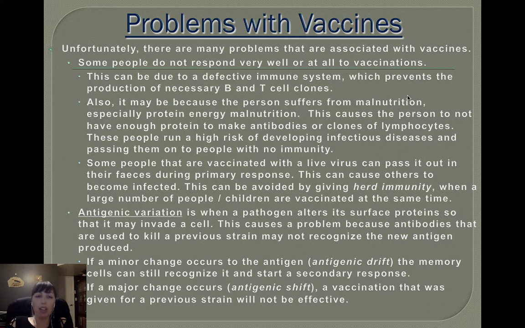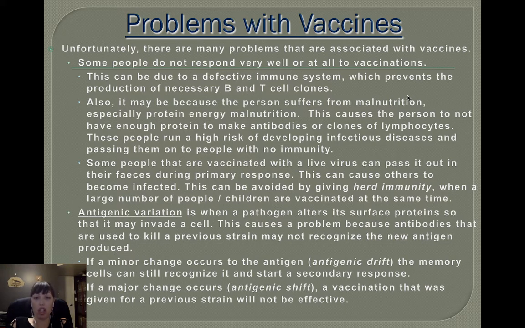Okay, so antigenic variation is when a pathogen alters its surface protein so that it can invade a cell. And this can cause a problem because antibodies that are used to kill a previous strain are then not recognized. So if a minor change occurs to that antigen, which is called antigenic drift, the memory cells can still recognize it and start a secondary response.